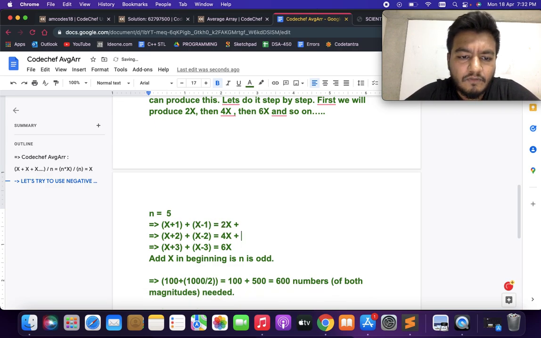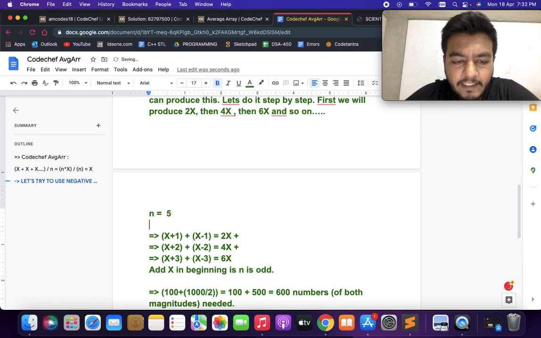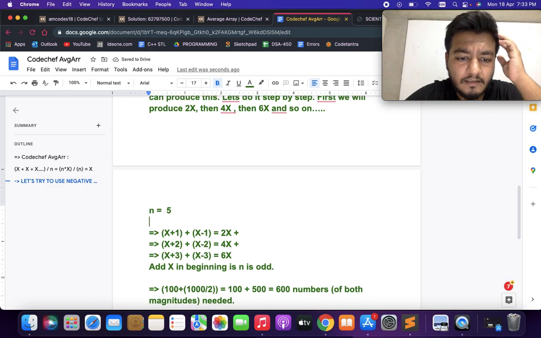So if n is odd, you greedily put 1x at the beginning and then produce up to n minus 1, up to 4x. I will show you the code, and when I show you the code, it will become more clear.